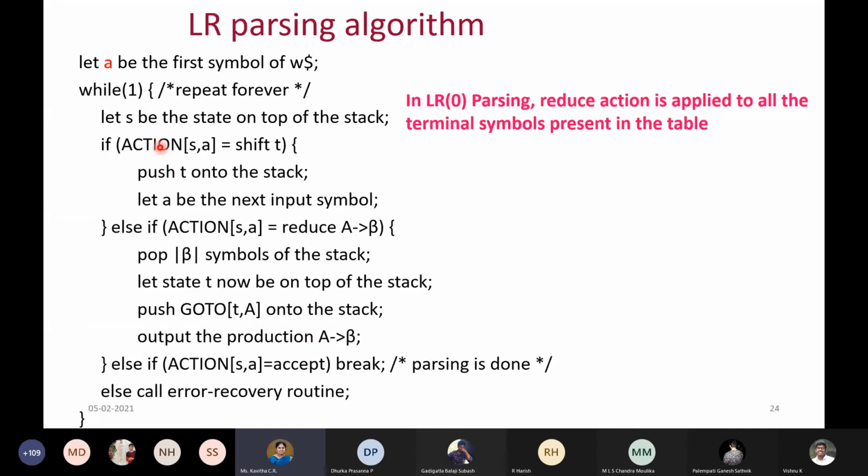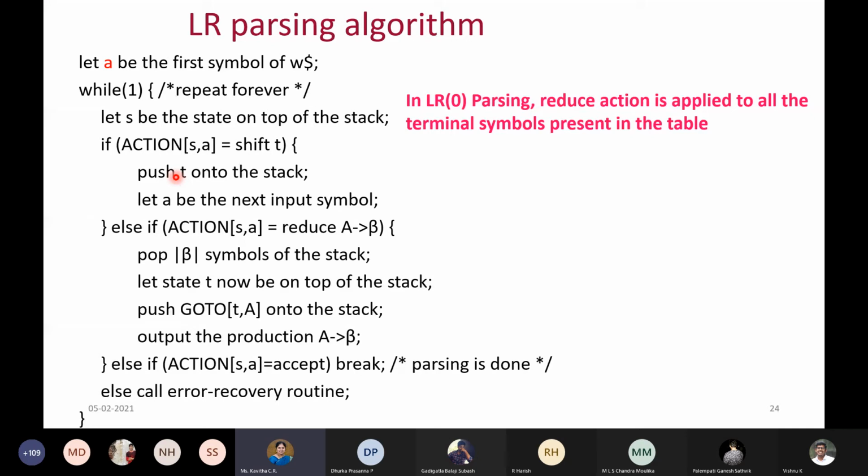You can imagine. Action of S comma A means, in that particular row corresponding to this particular column, we are performing something called shift, to some next state, say T. Because I'm performing the shift operation, I need to take care of that particular state. If you remember my tracing, I push the symbol and also the next state.